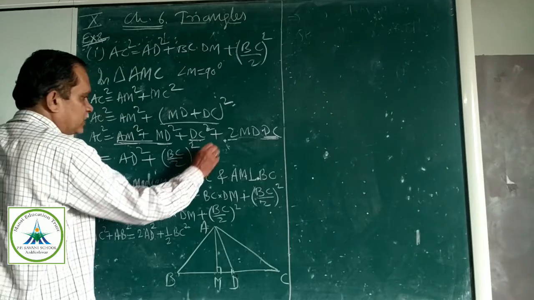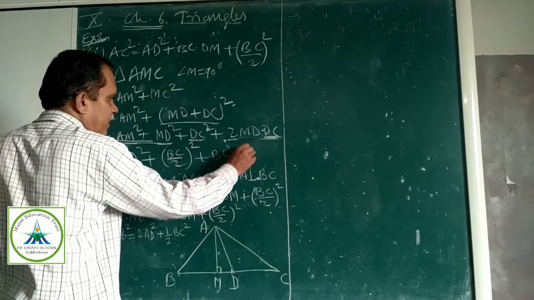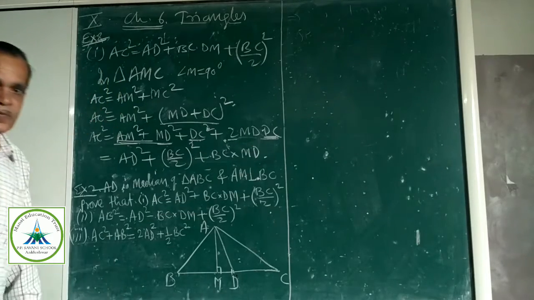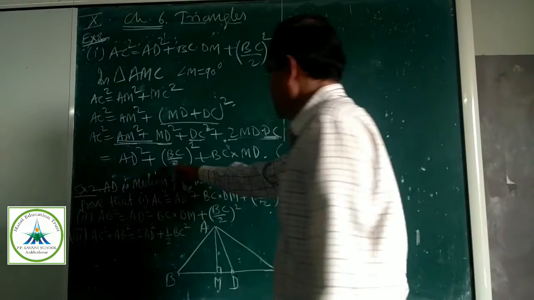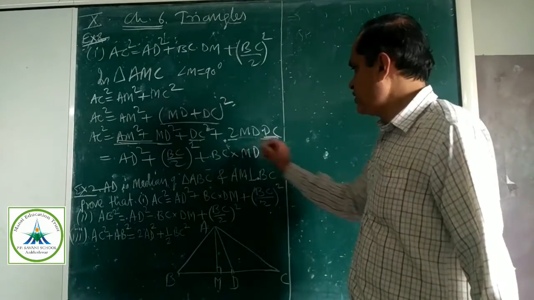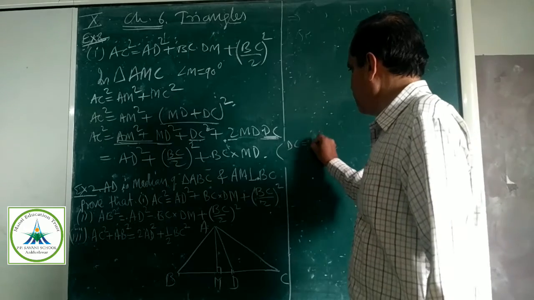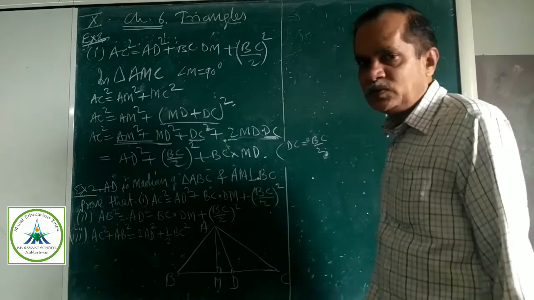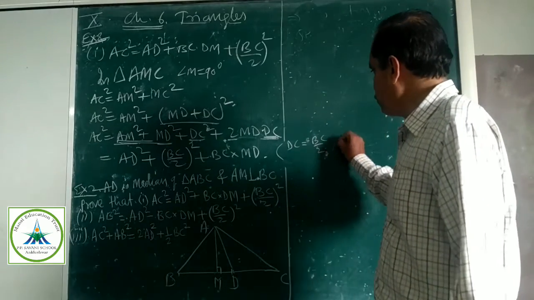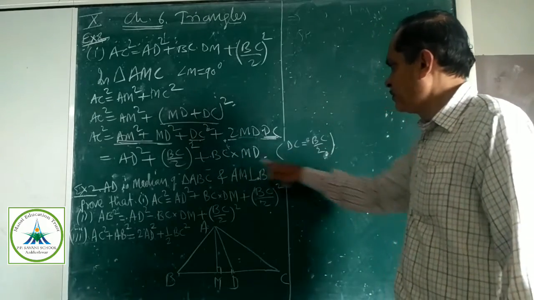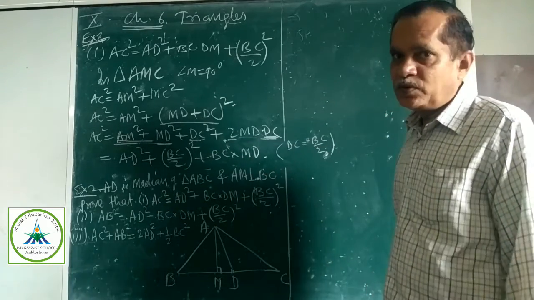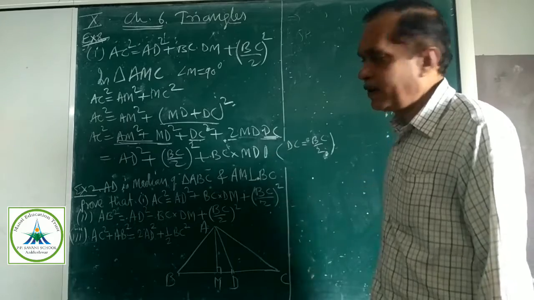So I am writing plus BC multiplied by MD. First part is over.